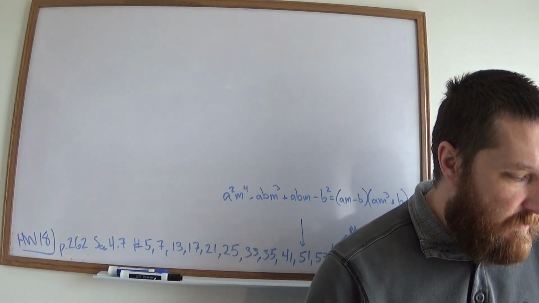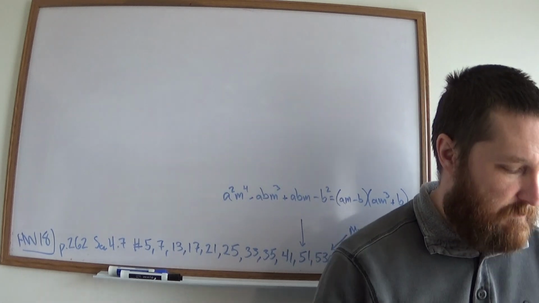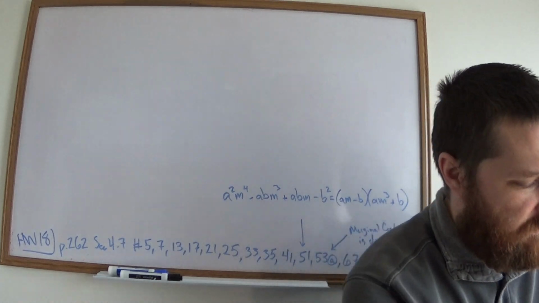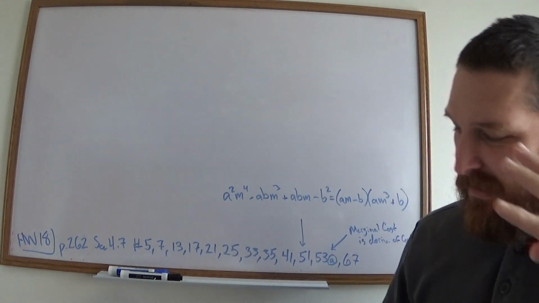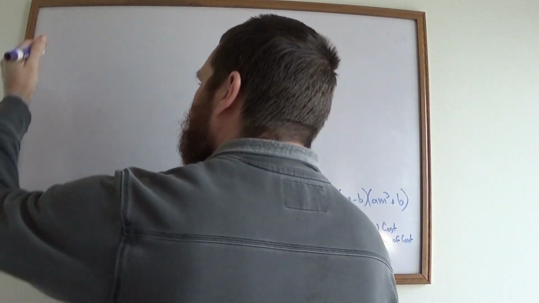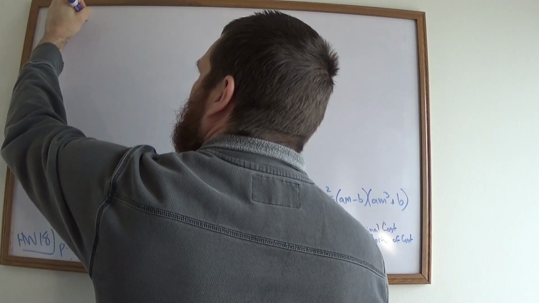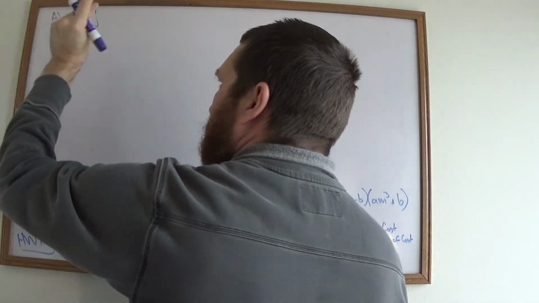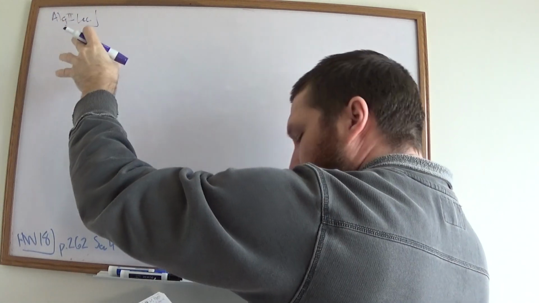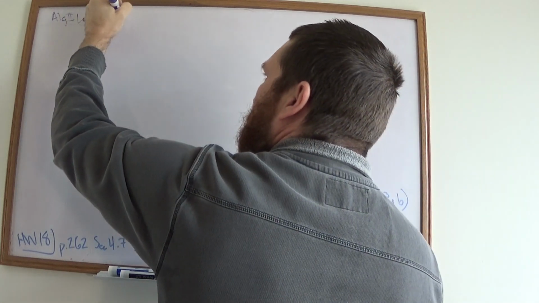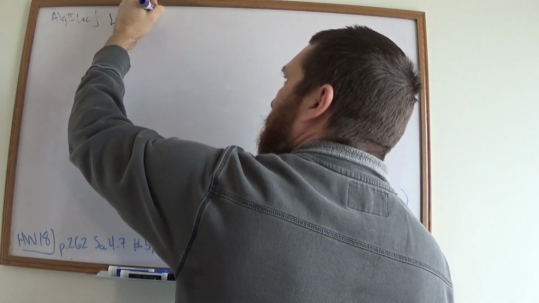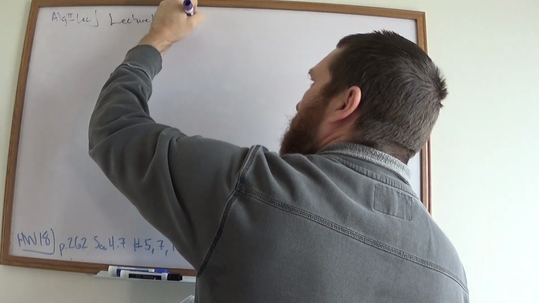Now, if you guys recall, in Algebra 2, I gave you guys a checklist for optimization problems. If you go on YouTube, the Algebra 2 lectures playlist, Lecture 45, optimization problems.